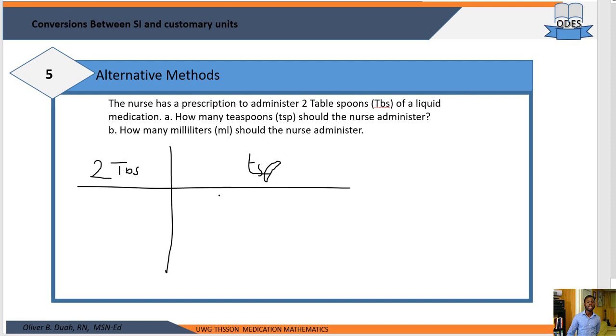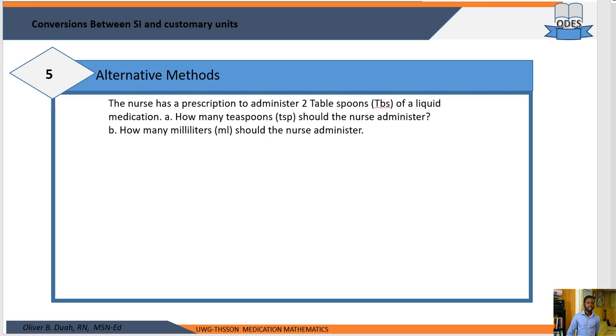And we know that for every 1 tablespoonful there is going to be 3 teaspoons, so 1 TBS, and so TBS will cancel TBS, and we have 2 times 3 TSP, so our answer is going to be 6 TSP. That is going to be our desired answer.